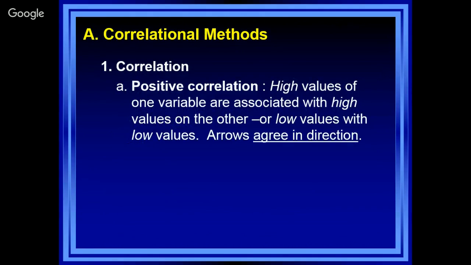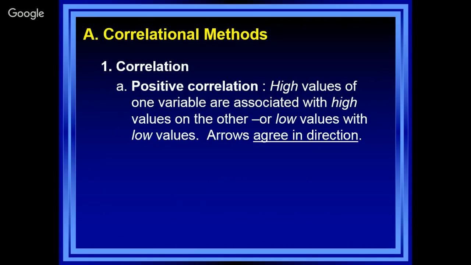Okay, so if you look in your outline, there's a little A and a little B, positive correlation and negative correlation. There are two ways that these variables can be correlated. So the first we'll talk about is called positive correlation, and the definition is on the PowerPoint. High values of one variable are associated with high values on the other. You see that both highs are italicized, so in your notes, underline them both, because that matters.